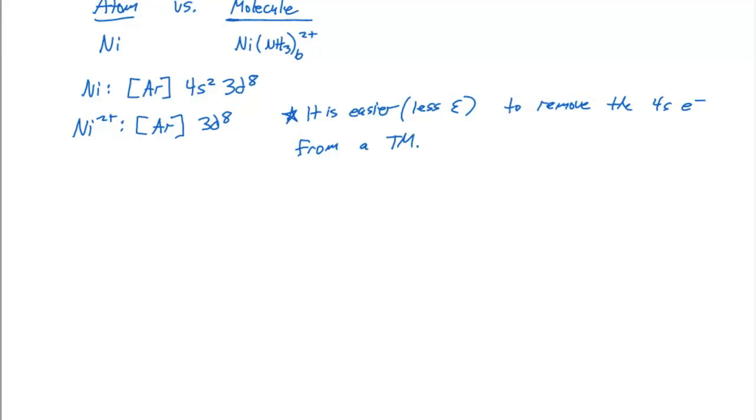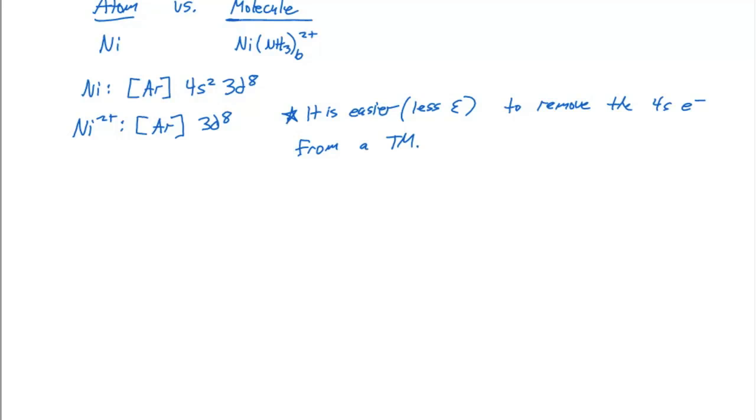This is the general rule when we're looking at these complexes: it's easier to remove the s electrons. When we're looking at the d electron count, which is very important for color and magnetism, we need to recognize that.